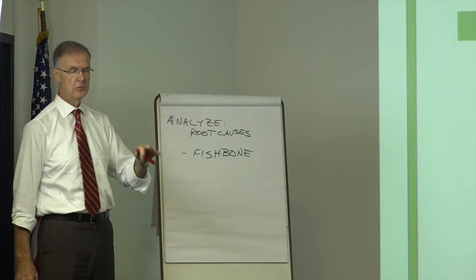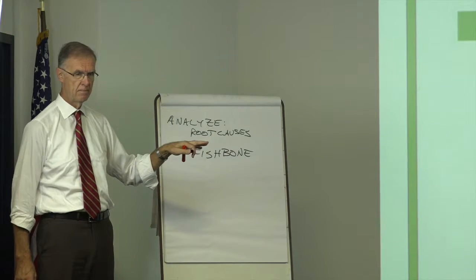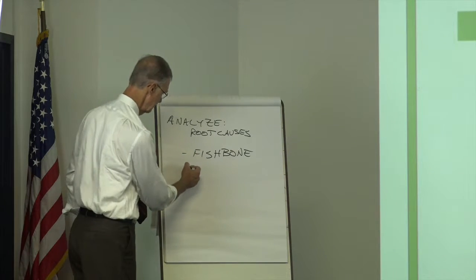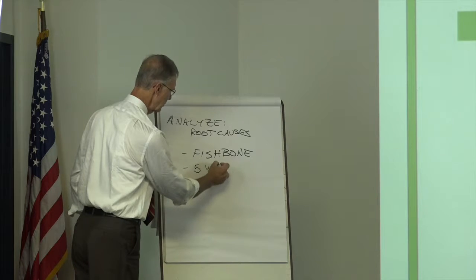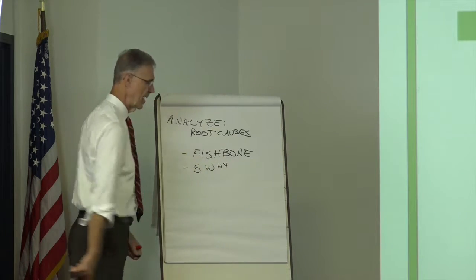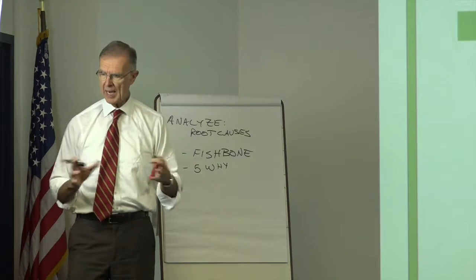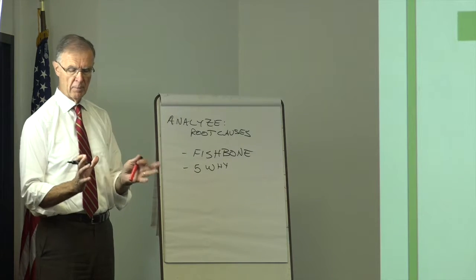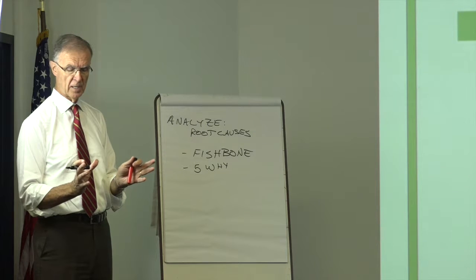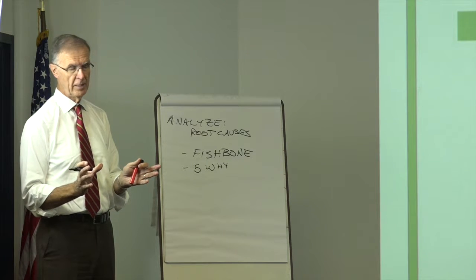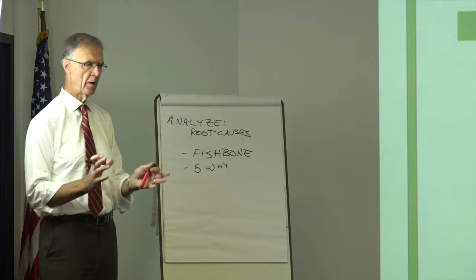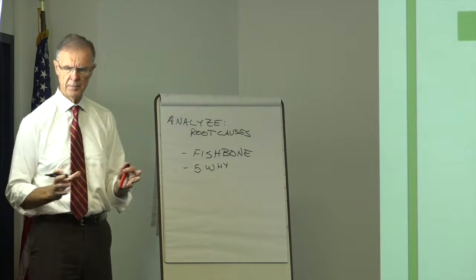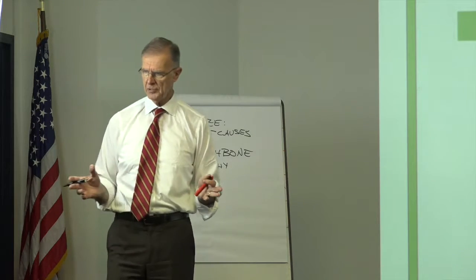What tool might I use after we do the fishbone? The 5 whys. Okay. And we're going to ask ourselves why 5 times, and we're going to get down to an actionable cause. Once we've got some very likely causes identified, we need to think about verifying them. And what are a couple tools that come to mind for verifying root causes?